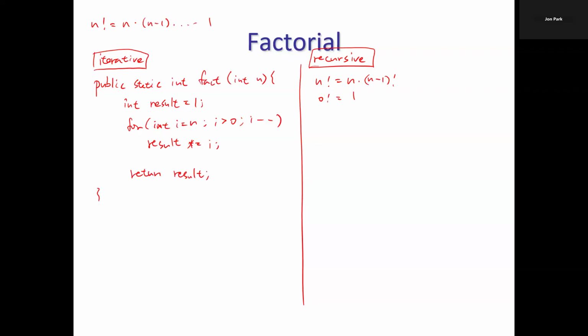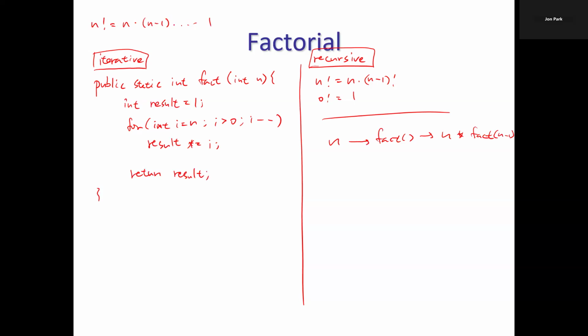So that's a recursive way to define what a factorial is. n factorial is just n times n minus 1 factorial, and 0 factorial is 1. Do you see how that's the same thing as defining n factorial as n times n minus 1 and so on? Okay, good. Now, let's look at this. Literally, the factorial sign is a method. So we need a method, let's call it fact, where if you pass in n, it should return n times factorial of n minus 1.